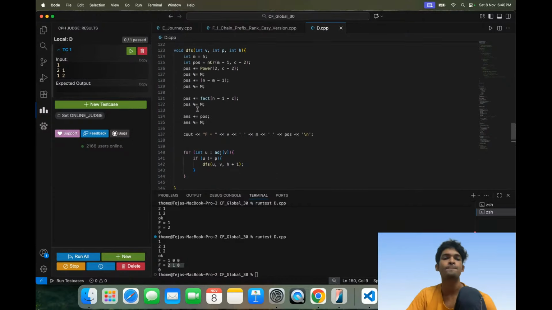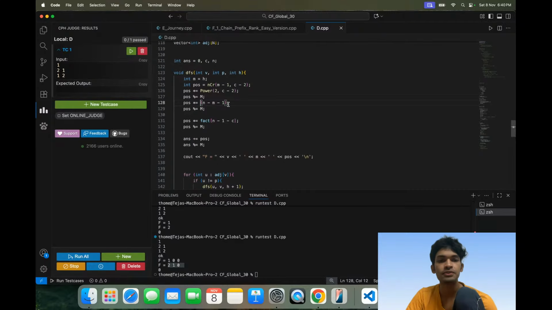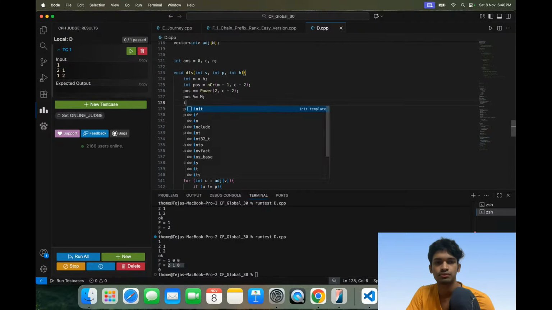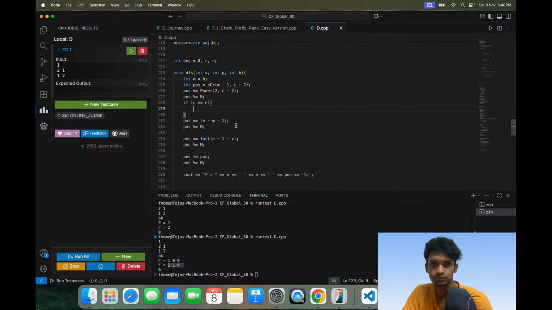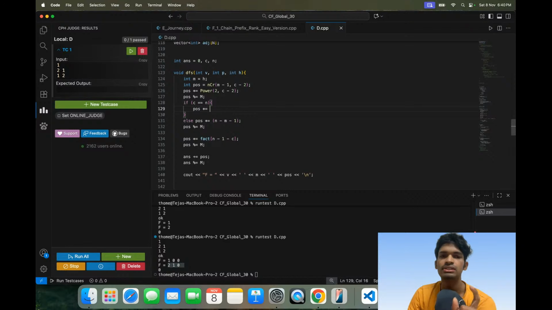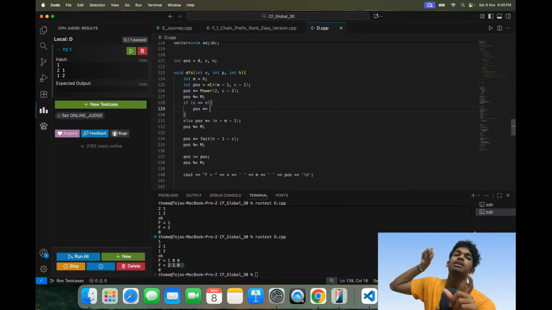Okay. If C equals to n, else I think this works. Because if C not equals to n, then C will be less than or equals to n minus 1 and it will go somewhere and that somewhere should be outside.